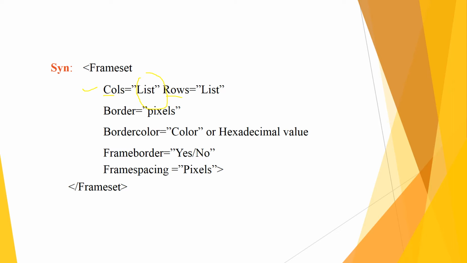Border: there is a border between frames, and this defines the border width in pixels. Bordercolor defines the color of the border. You can use either a text name like red, green, blue, or the hexadecimal value of that particular color.